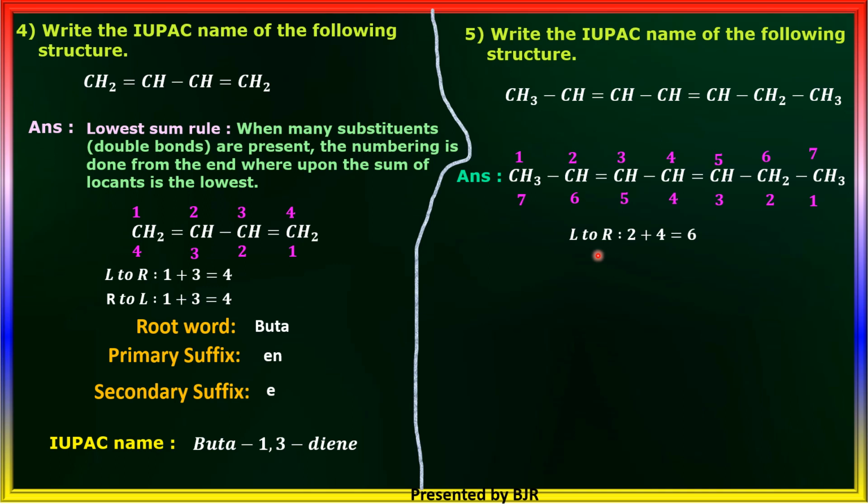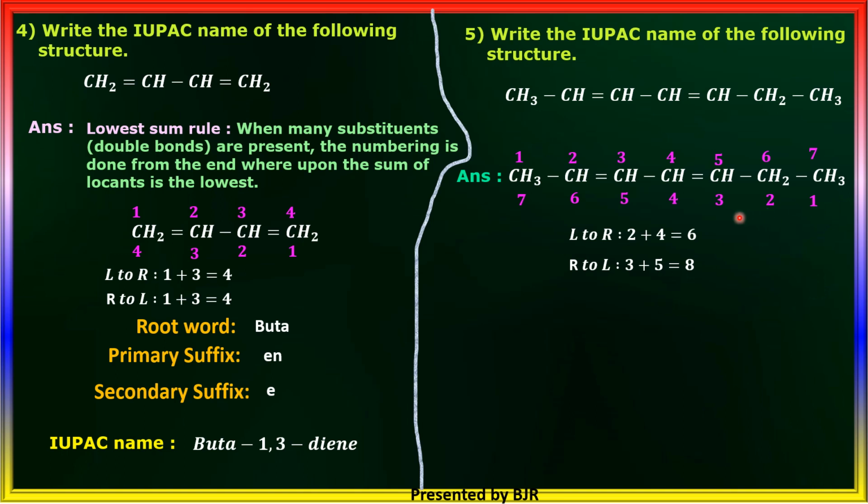Left to right: on the second carbon, a double bond is there. On the fourth carbon, a double bond is there. So the sum of the locants, that is 2 plus 4, equals 6 if the numbering is done from left to right. Let us check right to left.